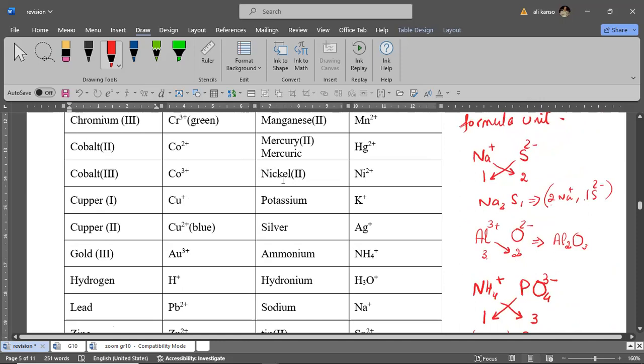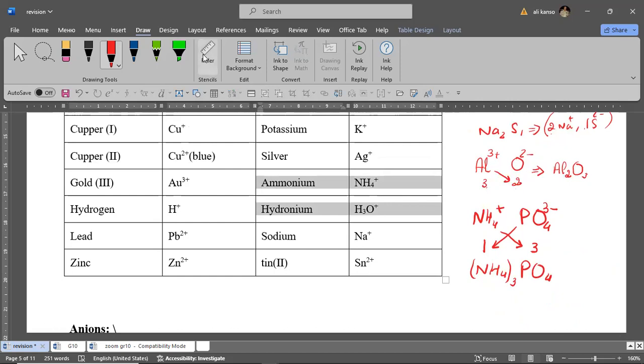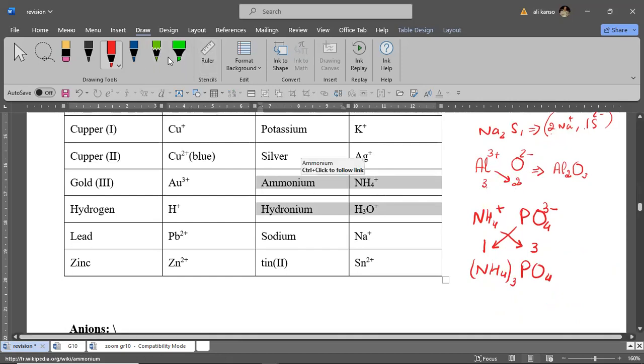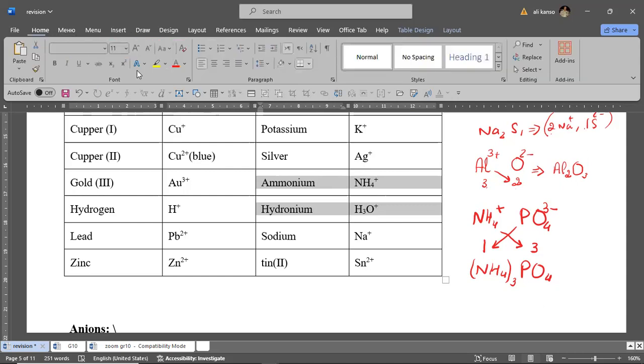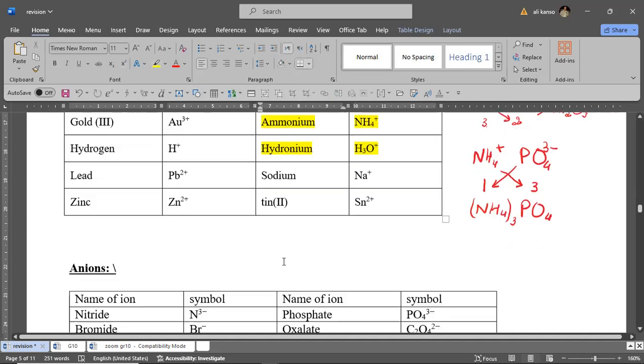As you notice here, the name of the cation is the same as the corresponding atom, with no change except in the charge. Silver Ag plus. Here we have polyatomic cations. Sodium Na plus, tin Sn2 plus.